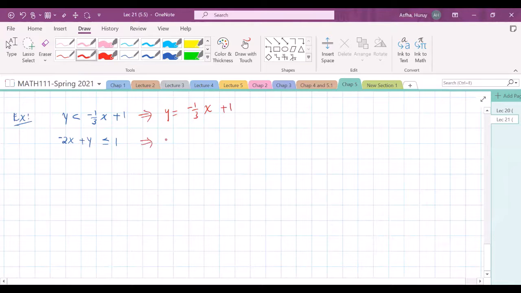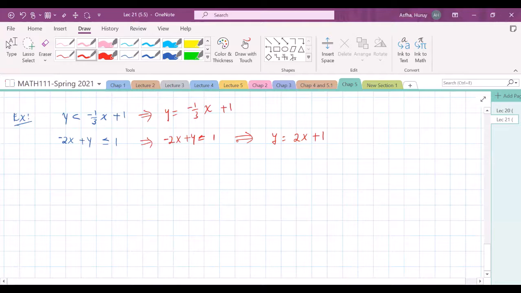And this becomes negative 2x plus y equals 1. I will rewrite this one. So y equals 2x plus 1. Now let's find the intersection of these two lines.